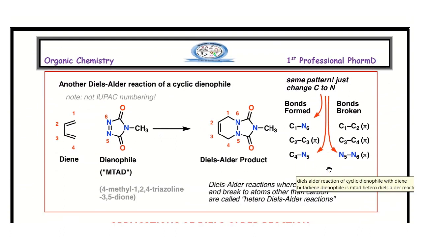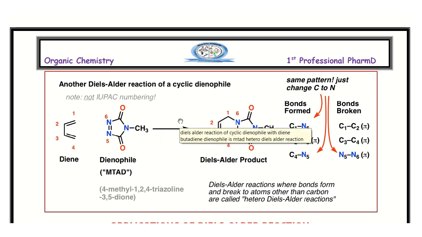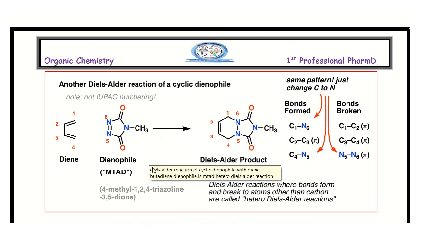So now let's discuss another cyclic dienophile example. Over here we have the 4-methyl 1,2,4-triazolene 3,5-dione. This is the dienophile, and it is again a cyclic structure.